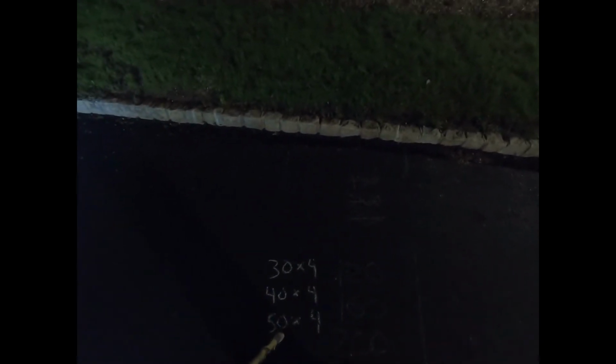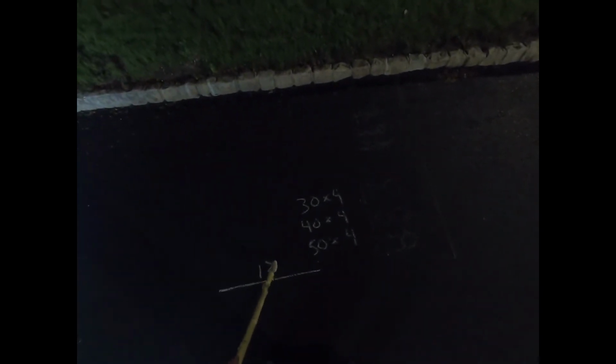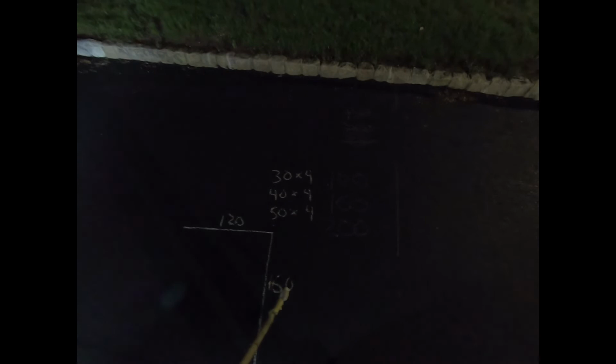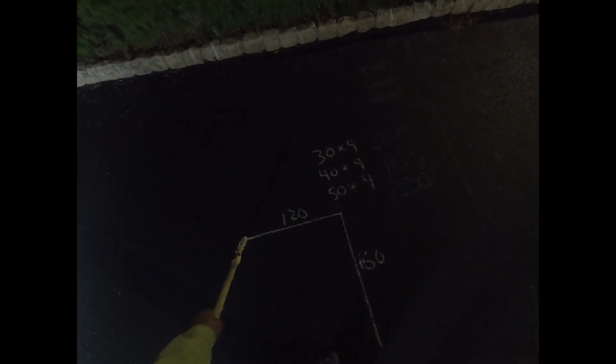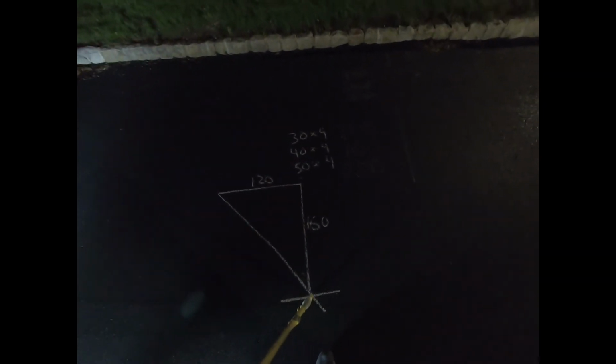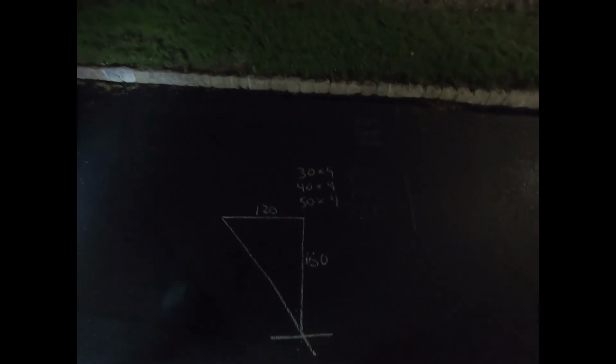We just add 0 to it, times it by 4. So we had 120 foot off the curb. We had 160 feet out from our 0 mark, and then from 160 feet, you just put a line like that. Then from the 120, come straight up, and where these 2 lines intersect is your square to 0. Hopefully that explains a little bit better than what I was showing you before.